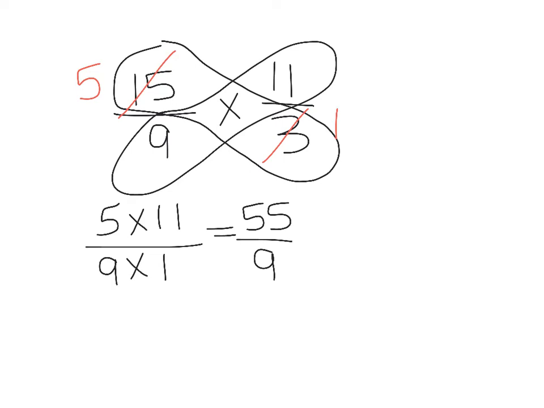So we can think of how many times does 9 fit into 55? 9 fits into 55 6 times, and we're going to have a remainder. 6 times 9 equals 54, which means that we have 1/9 left over.